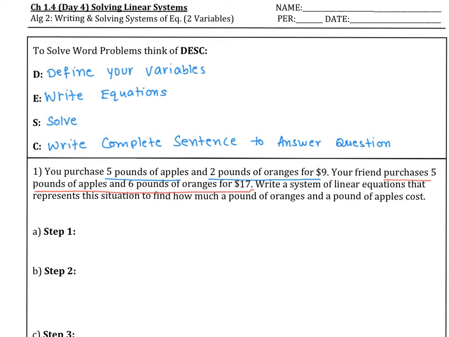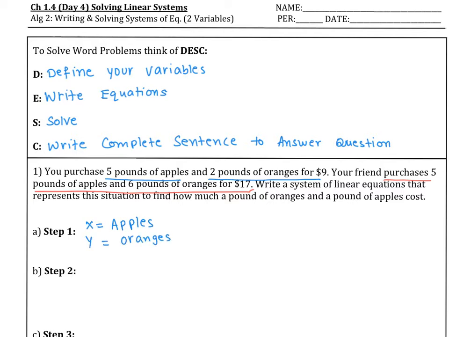Write a system of linear equations that represent this situation to find how much a pound of oranges and a pound of apples cost. So first thing we are going to define the variable. So let's say x for apples, and we're going to define y for oranges.